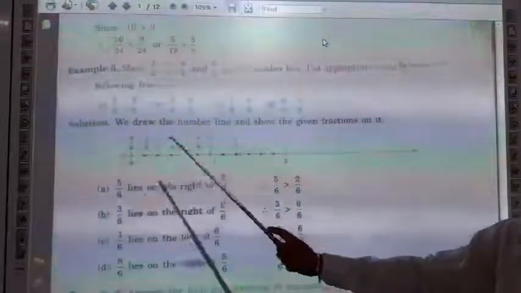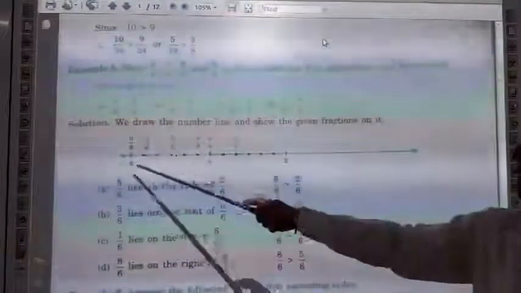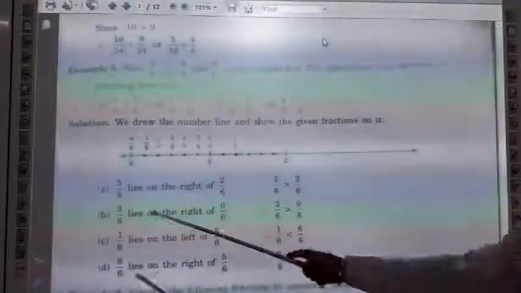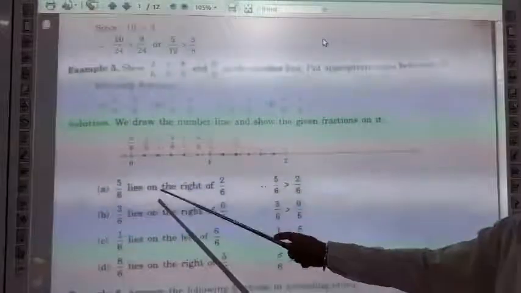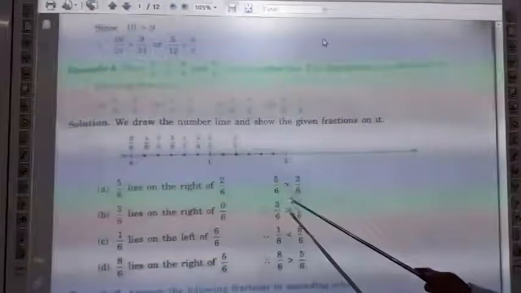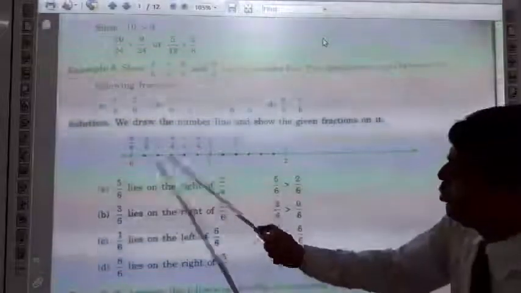Sixth parts are divided between 0 and 1: 0/6, 1/6, 2/6, 3/6, 4/6, 5/6 and 6/6. So first, 5/6 lies on the right of 2/6. 5 upon 6 is greater than 2/6.